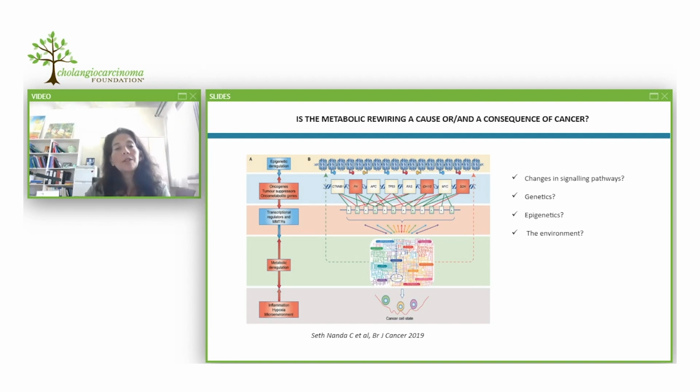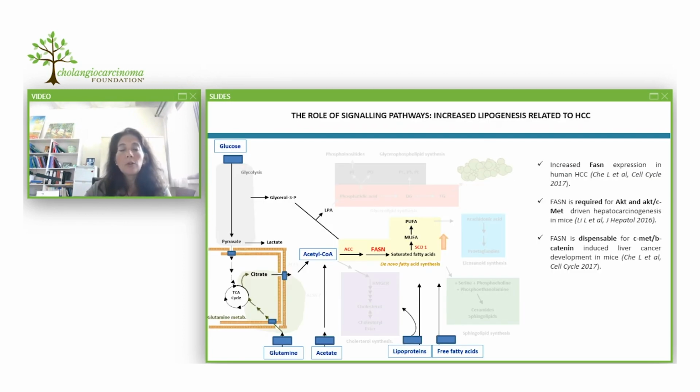So the next question is: is the metabolic rewiring a cause or a consequence of cancer? May changes in signaling pathways rewire metabolism? This has been investigated for hepatocellular carcinoma, where levels of fatty acid synthase are increased.